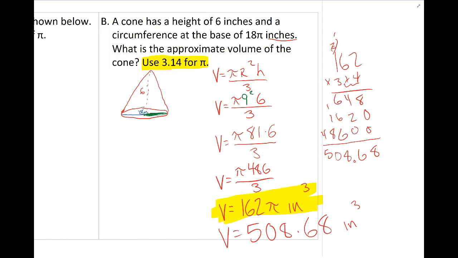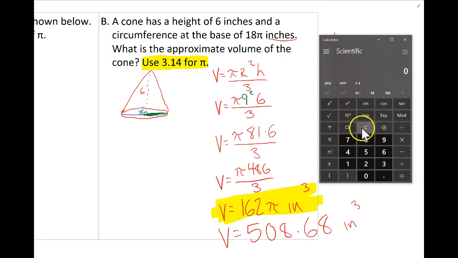Now I want you to see what the difference is when you say use 3.14 for pi versus actually using pi. So we come in here and we got 162 times 3.14 and we got 508.68, this answer right here. But that's not completely correct. If we round it, so 162 times actual pi, this is actually pi. Hopefully you see how much we rounded that.